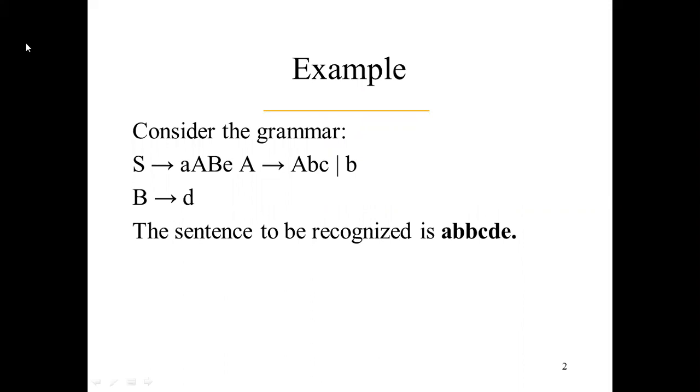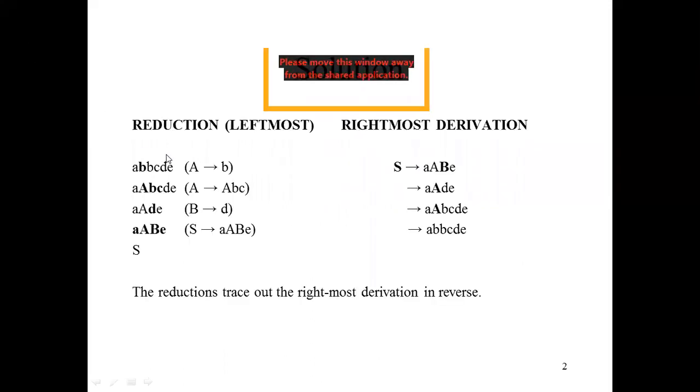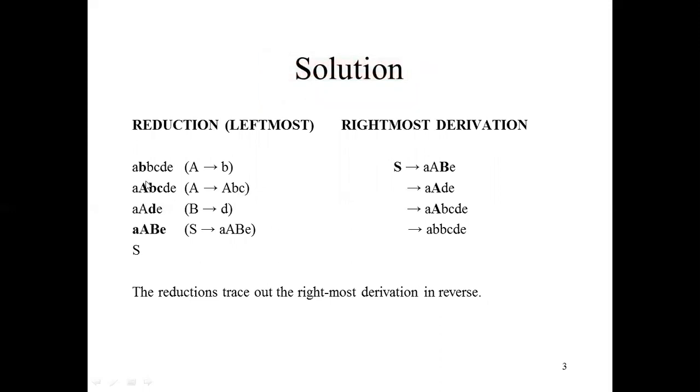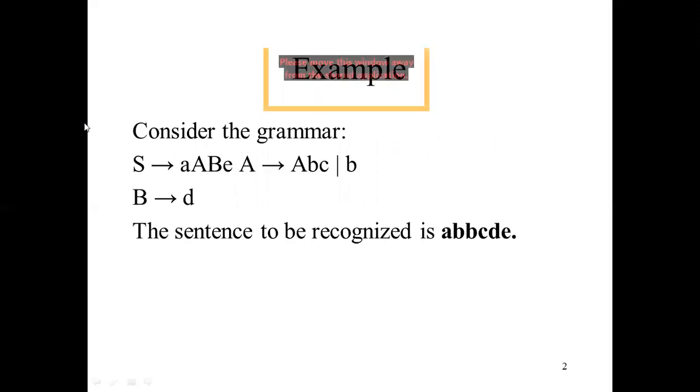Now we can see here. First, we will write the reduction, rightmost derivation. Now we have a, b, b, c, d, e. Again, you can see a, b, b, c, d, e.